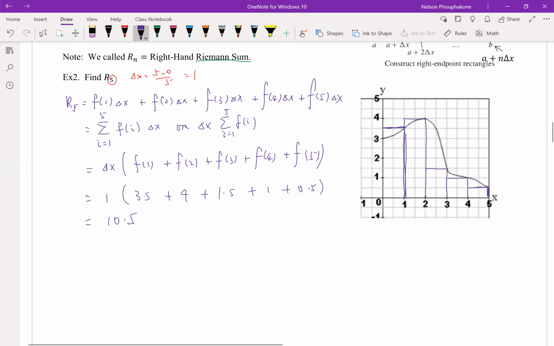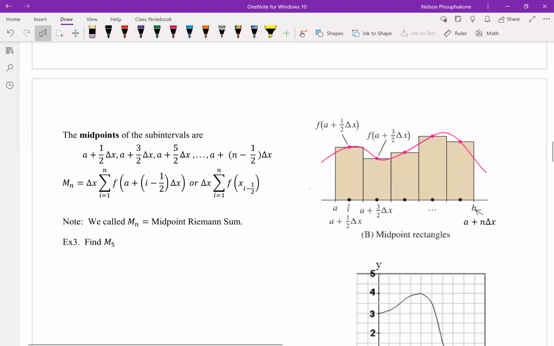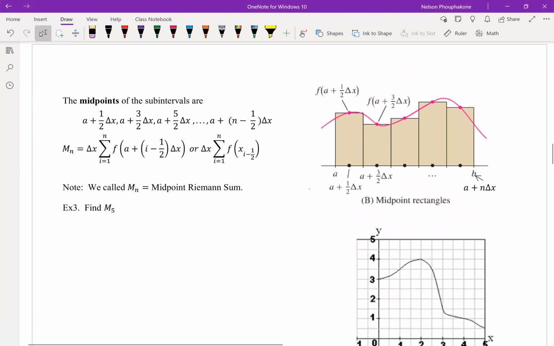Then the last one is the midpoint. Now remember, the midpoint basically means we are looking for the middle between a and maybe I could say x naught and x of 1. We are going to use this number to help us find the height.